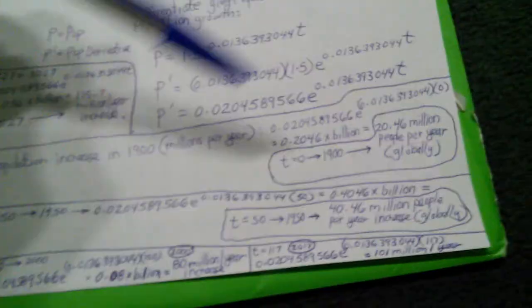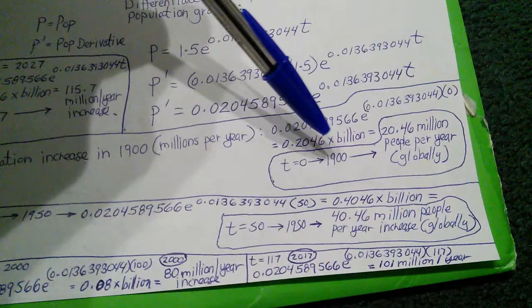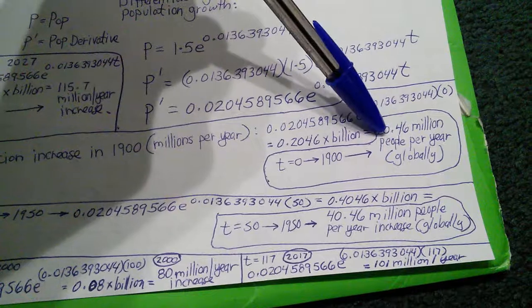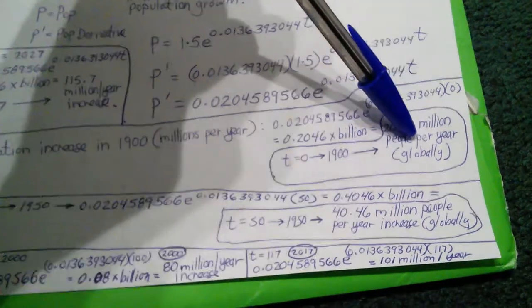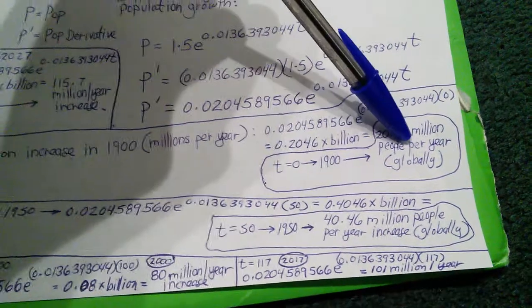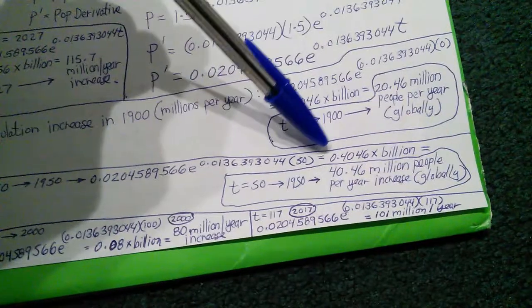So 1900, that would be t equal to 0. We get 0.2046 times a billion. So in 1900, there was a 20.46 million people per year increase. Then in 1950, t is equal to 50.